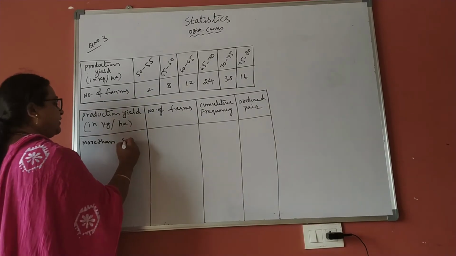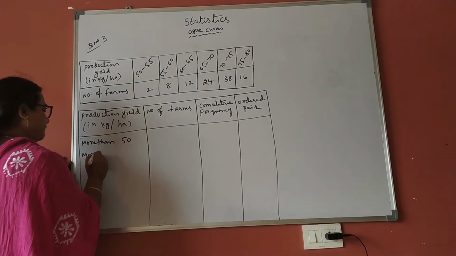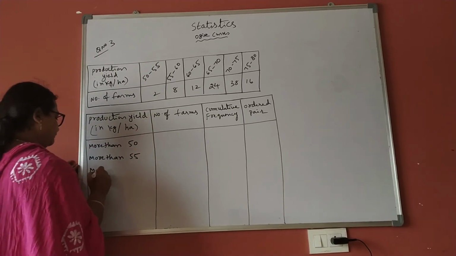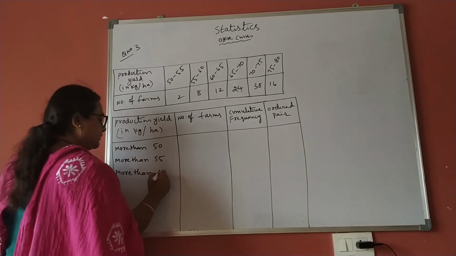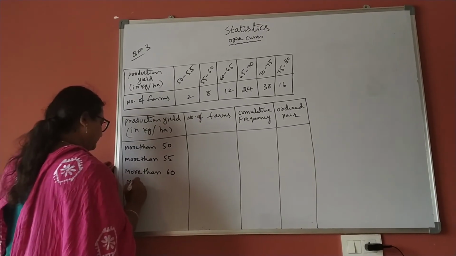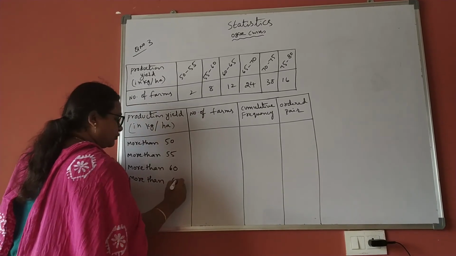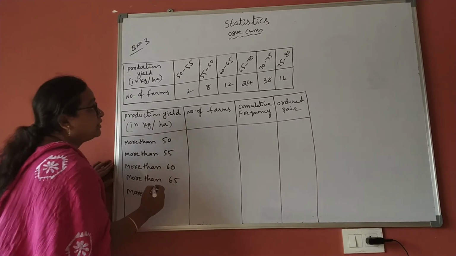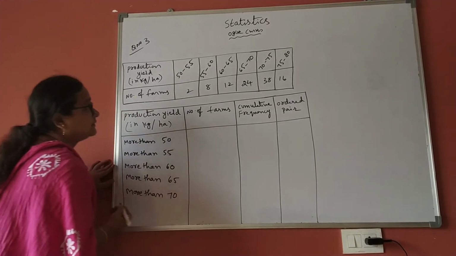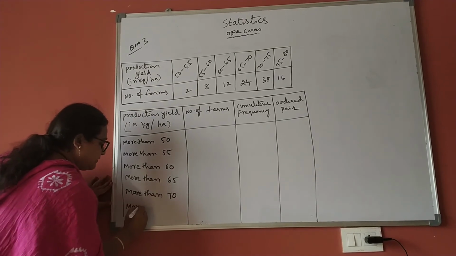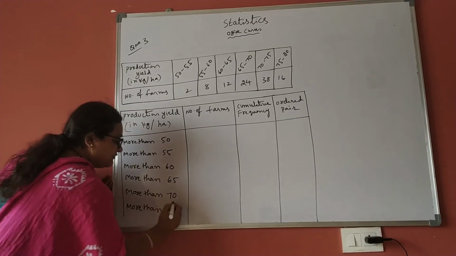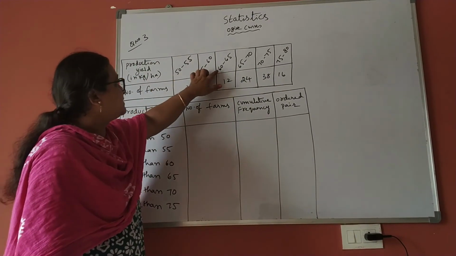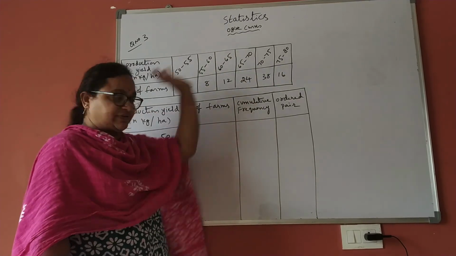So more than 50, more than 55, more than 60, more than 65, more than 70 and more than 75. We considered the lower class limits of the class intervals: 50, 55, 60, 65, 70, 75.